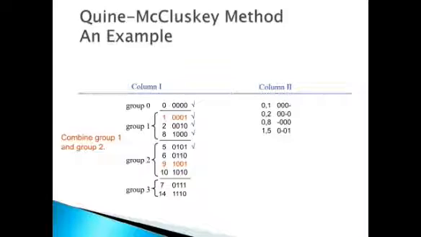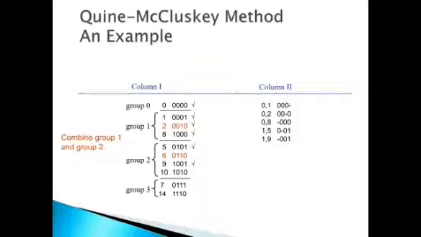In this comparison the MSB is changing, so we will have a combination 1, 9, that is dash 0, 0, 1. Similarly, we will compare the other elements. We will perform these comparisons for every element.